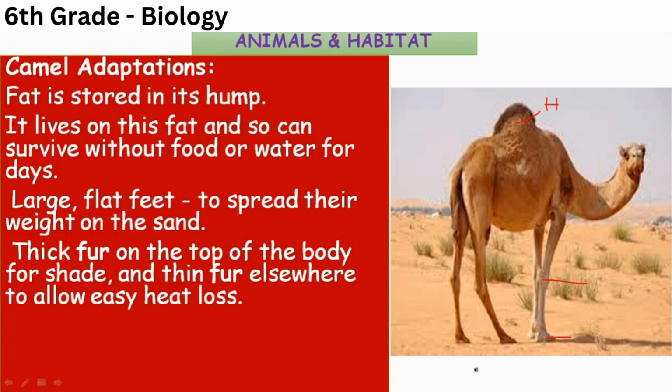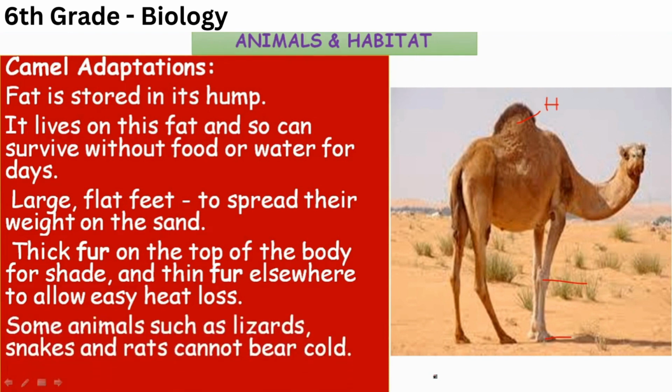Okay, thick fur will be there and the thin fur will be there. Thick fur for shade and the thin fur allows easy heat loss from the body. It doesn't sweat because water loss can be prevented. No sweat pores. Some animals such as lizards and snakes and rats, kangaroo rats we can say, they cannot bear cold. Okay.